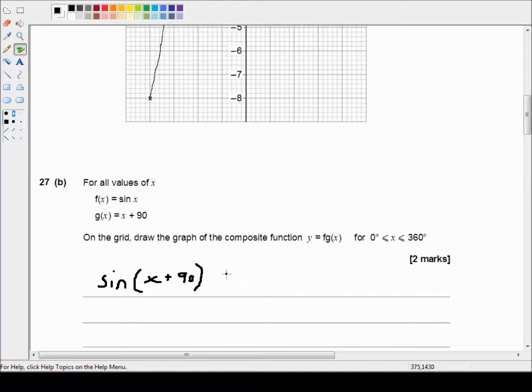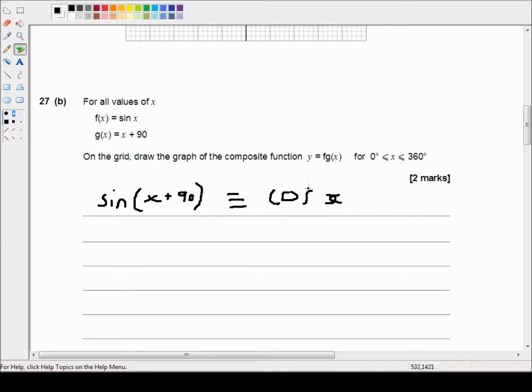Now, if you know your trigonometry, then you know that that is trigonometrically identical to the cosine of x. But if you didn't know that, that's no big deal. You're just typing in x plus 90 on your calculator when you're trying to find the sine of x. Or you could even just use your unit circle.